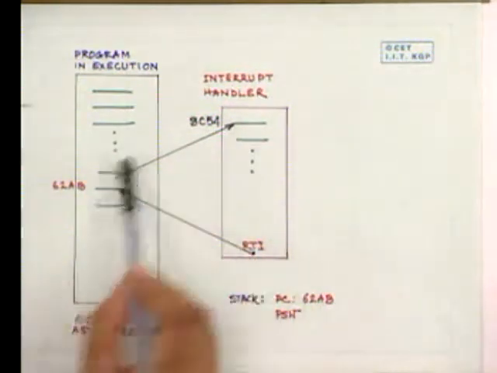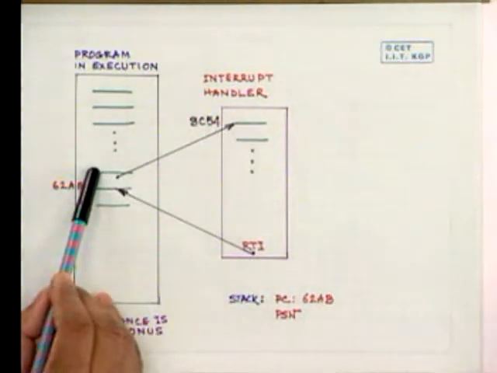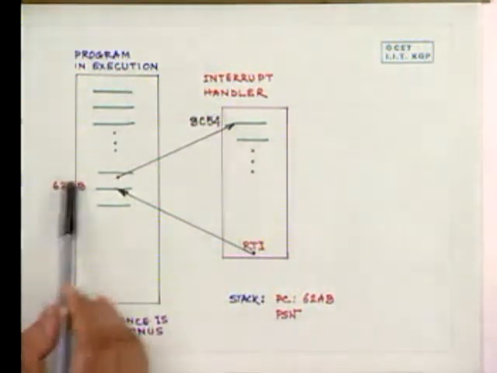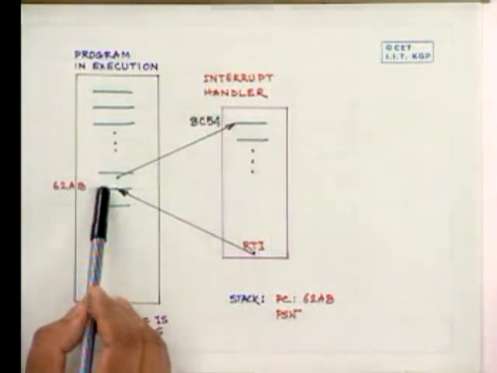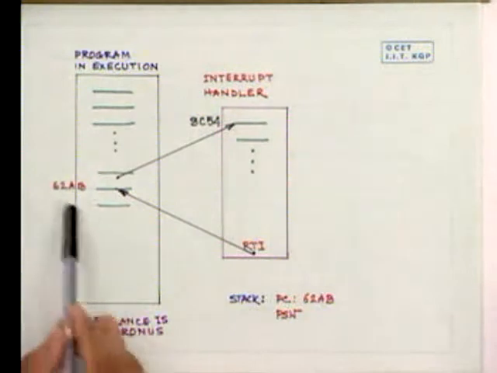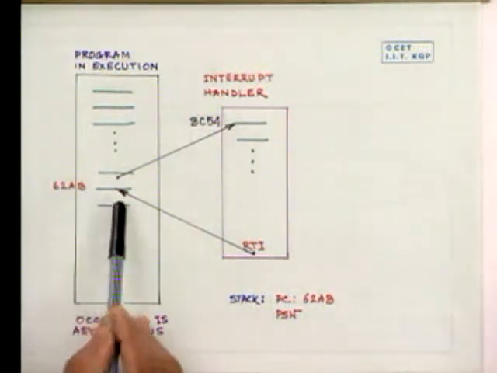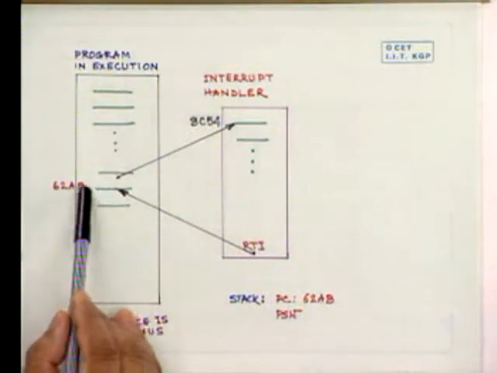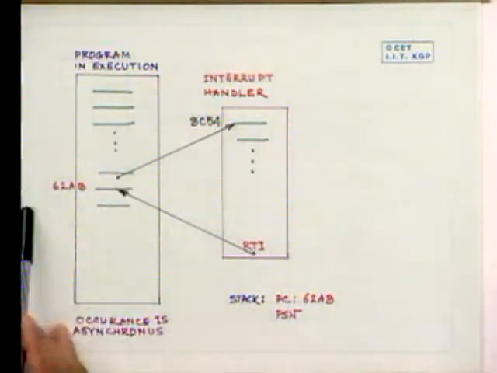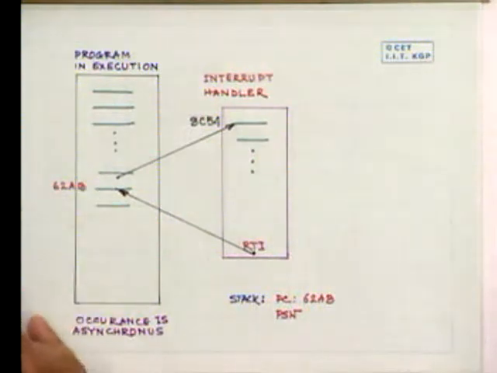Here the read command for the input device or write command for the output device has been issued. As we have seen, while executing a program, the program counter always contains the address of the next executable instruction. Say the next executable instruction here is at the location 62AB.